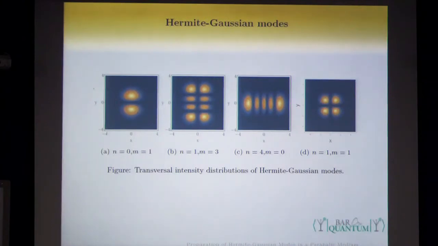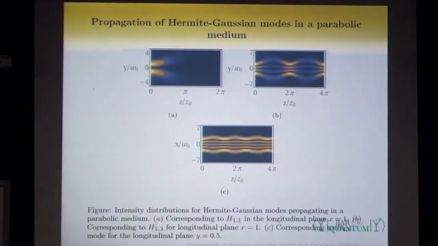The intensity distributions are bright lobes in a rectangular arrangement. For example, the last one is the Hermite Gaussian mode 1,1, which means one node in the x-axis and one node in the y-axis. We analyze the propagation of these modes in a parabolic medium, and we find they have this particular behavior.